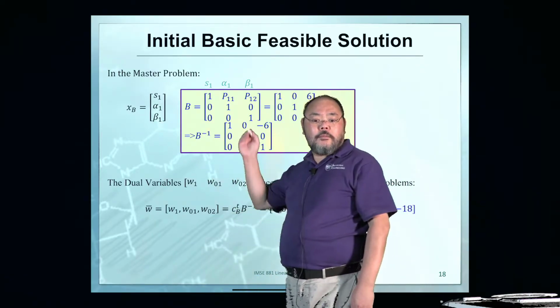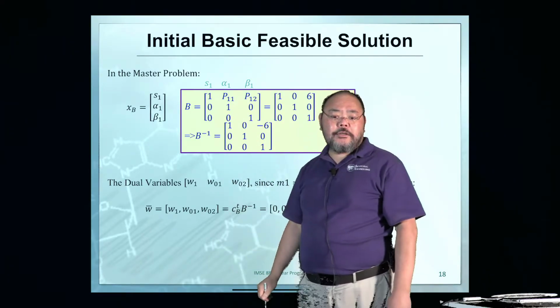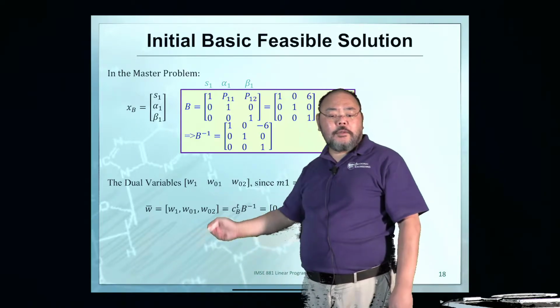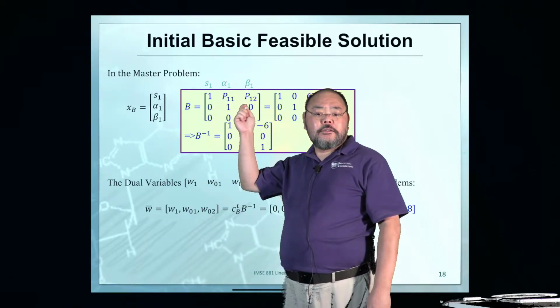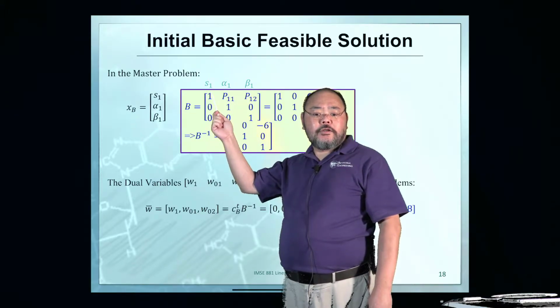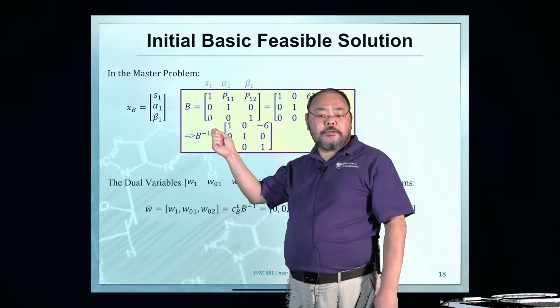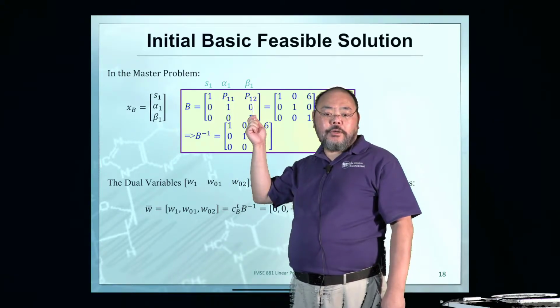So my corresponding B matrix corresponds to the S1, alpha 1, and beta 1 columns. The first row, for the global constraint, equals 1, P11, and P12.